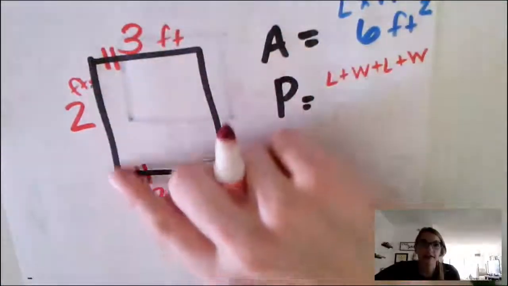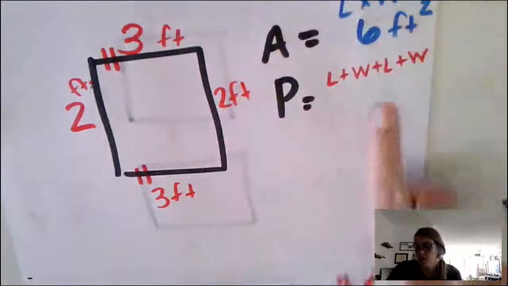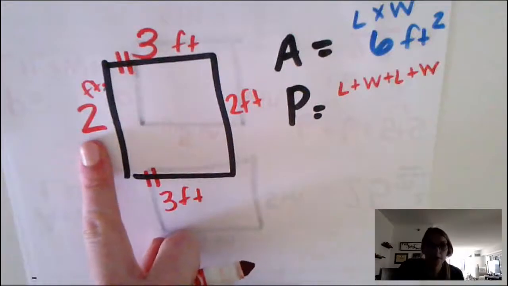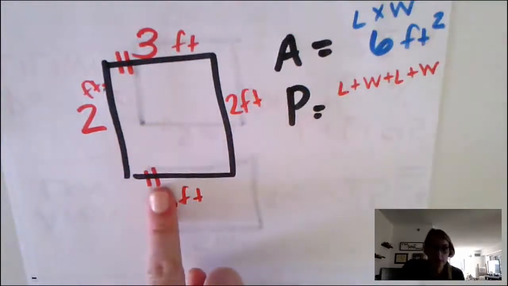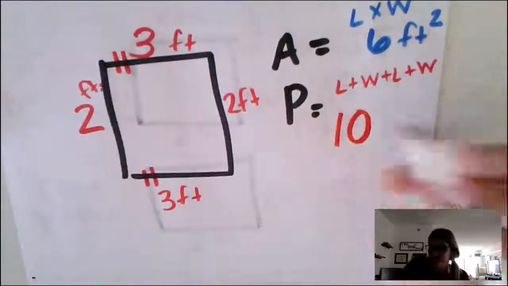And if we know that this side is 2 feet, this side is also 2 feet. So now we're going to add them up together. 3 plus 2 is 5, plus 3 is 8, plus 2 more is 10.